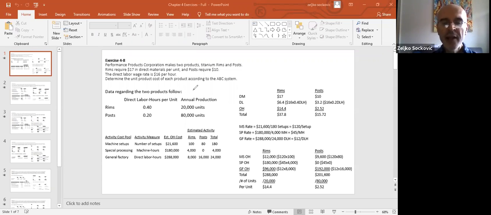So we will use these estimates to divide into the total, find our POHR, and then multiply it by activity. So we don't need to worry about that part in this case. So direct materials, direct labor, and overhead.